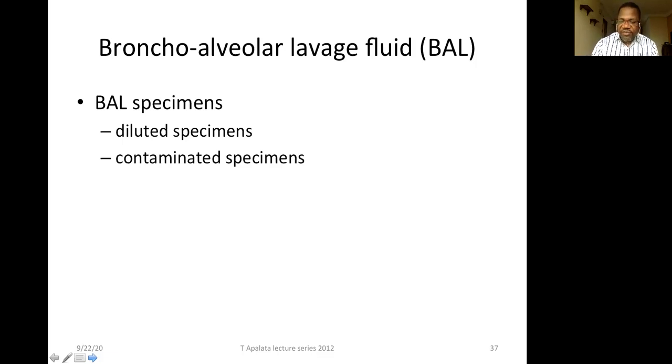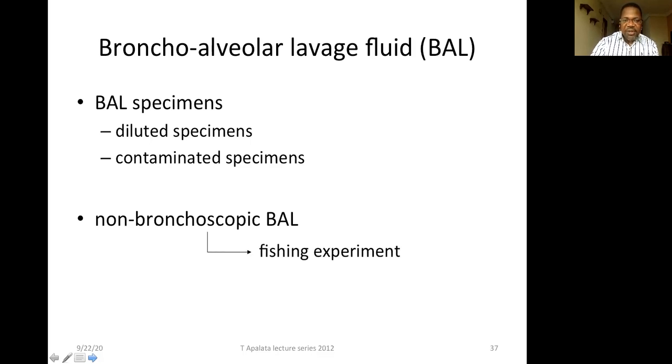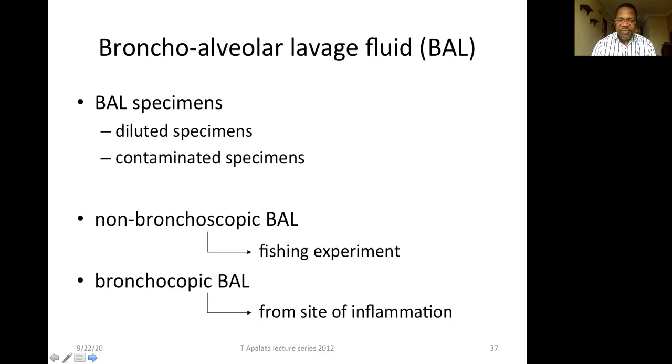And it is also a contaminated specimen. We also have a non-bronchoscopic BAL specimen. So this is just a fishing experiment. And the better one is what we call a bronchoscopic BAL, because with this you can collect the specimen using a bronchoscope. You can target the site of inflammation so that you are able to collect the specimen.